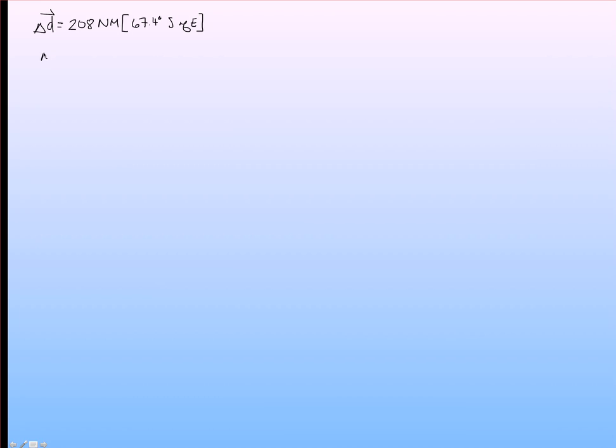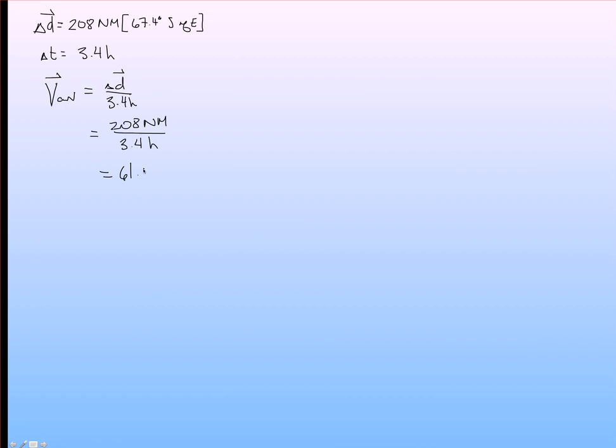And now we can use those figures to find our average velocity, which is equal to displacement divided by time. Displacement of 208 nautical miles divided by 3.4 hours, and we get a final answer then of 61.2 nautical miles per hour.